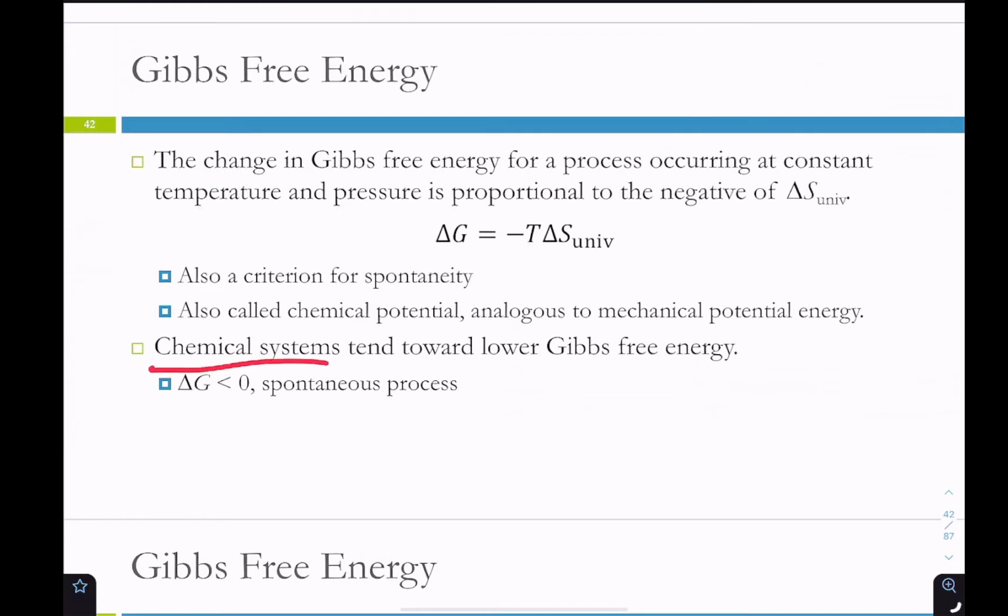So chemical systems want to lower their potential energy, just like when you drop something, the potential energy of the object that you drop decreases. So just another way to remember that when delta G is negative, when our change in energy is negative, we have a process that's going to be spontaneous.